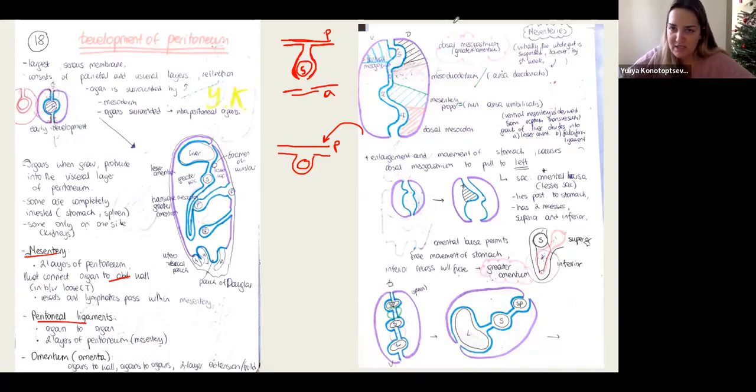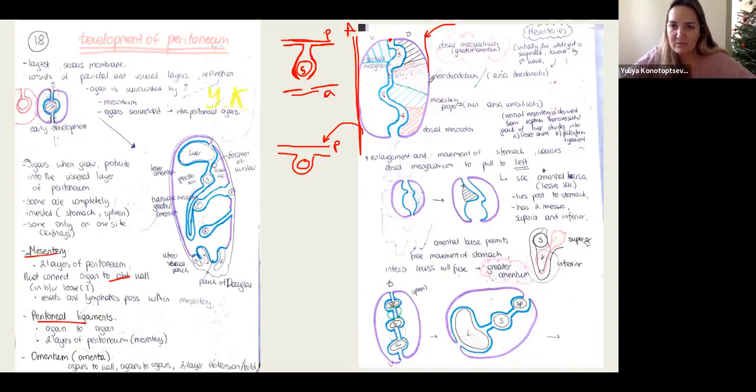And this picture right here is very crucial. What we can see here is your entire gut tube. Do you see? So here we have a bit of the esophagus, stomach, duodenum, small intestine, large intestine, and then the rectum, right? Somewhere here, you're expecting to see the anterior body wall. So this part right here is your anterior body wall.